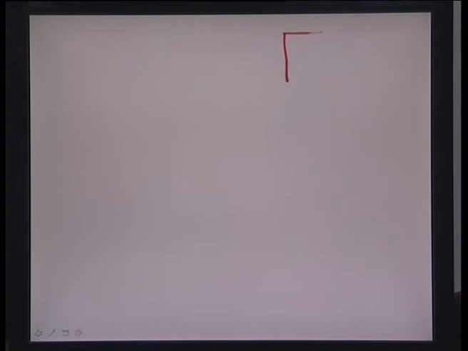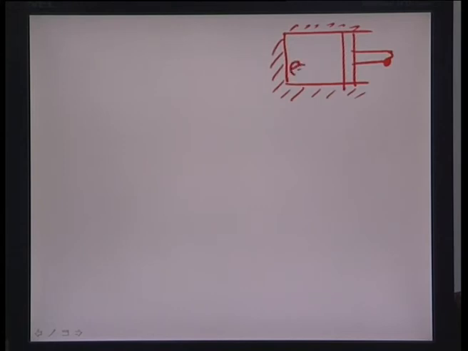We have a cylinder here in the example, with fixed ends and a movable piston, and what has been indicated is that the gas density within this volume is 18 kg per meter cube.